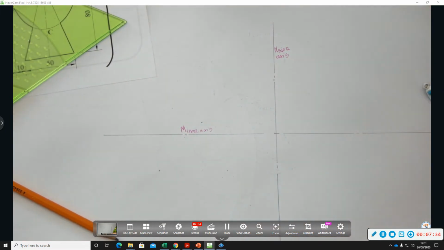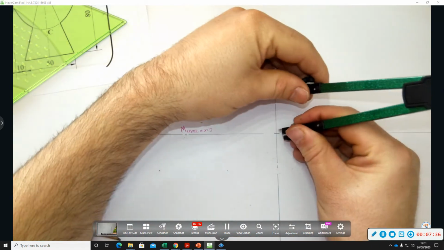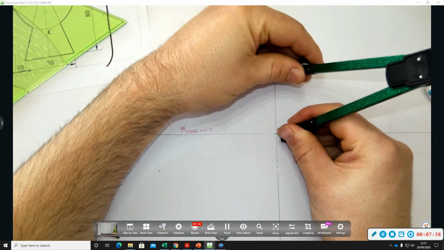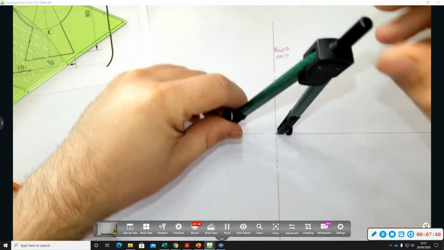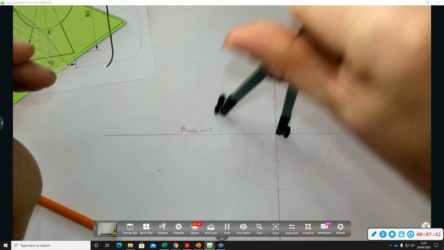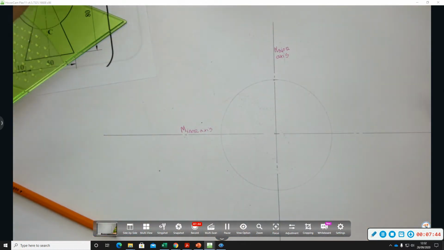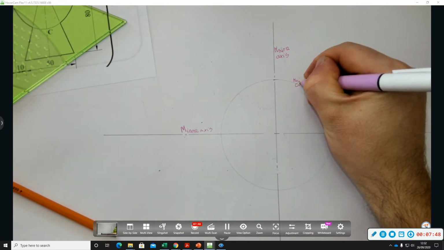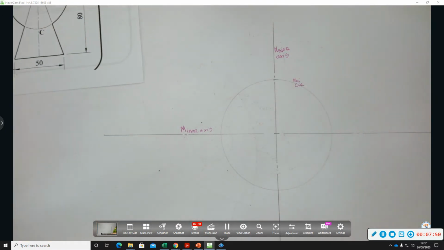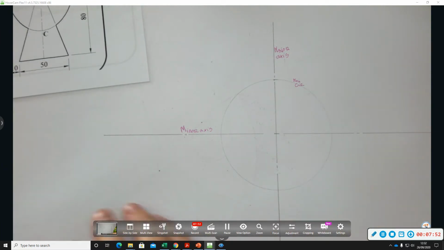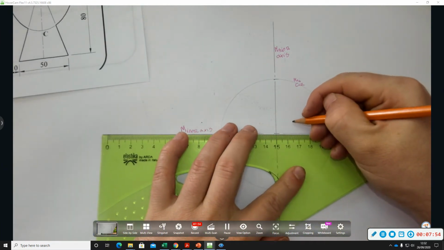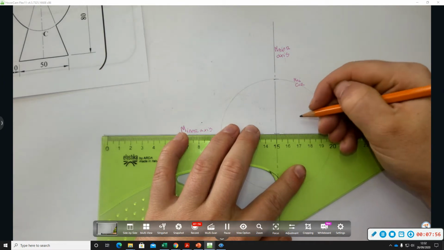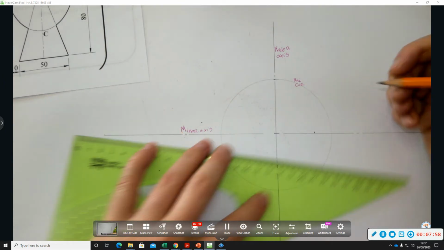I'm going to take my compass and draw in my major circle. So that's the major circle. Now I'm going to draw in my minor circle. The minor circle is radius 35.